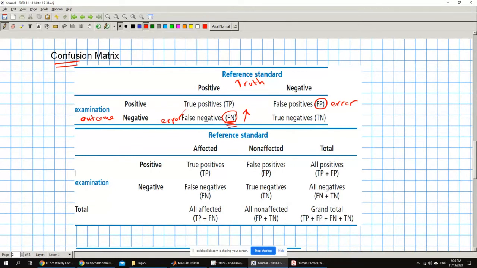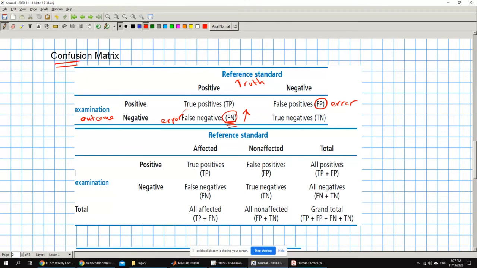False negative, you told the patient that he doesn't have any problem while he has a problem. If the patient has a heart condition and you told him that your heart is fine, and he goes on and plays sports or keeps jogging or playing soccer or something like that, it's going to be a problem for him because the heart condition might cause a much bigger problem if you don't diagnose it early.